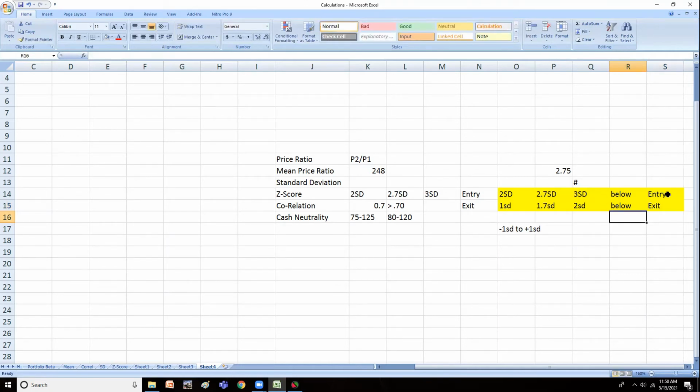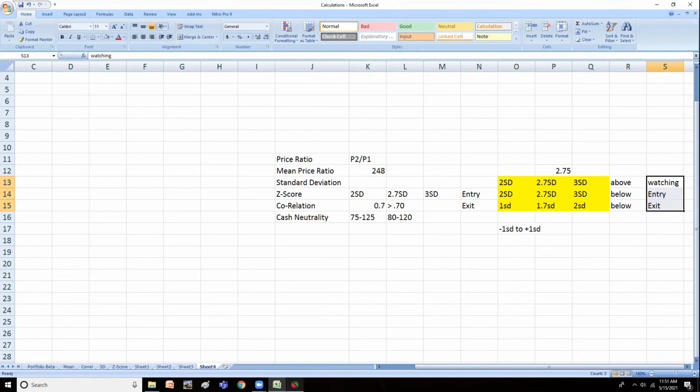Anything which is going above these levels would be treated as watching. So in these three levels, if anything is going above 2 or 2.7 or 3, we treat it as watching. Anything which is coming below these levels, we treat it as entry. Anything which is crossing this, coming below this, we treat it as exit.